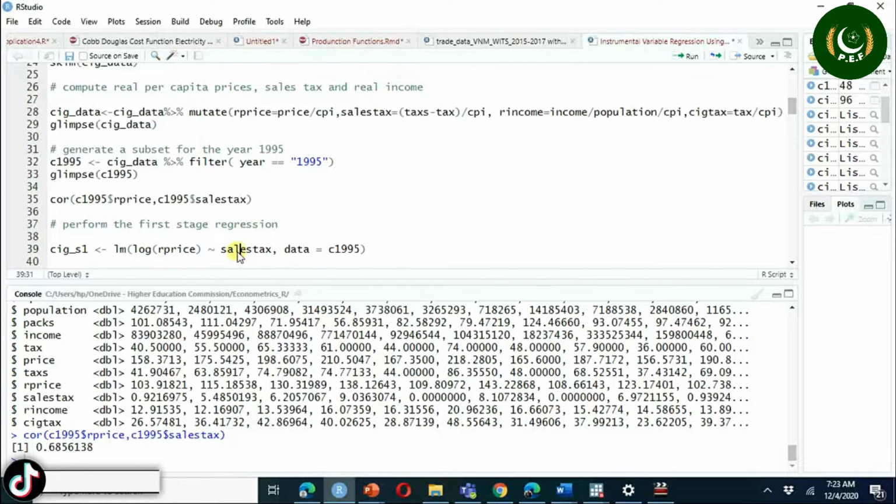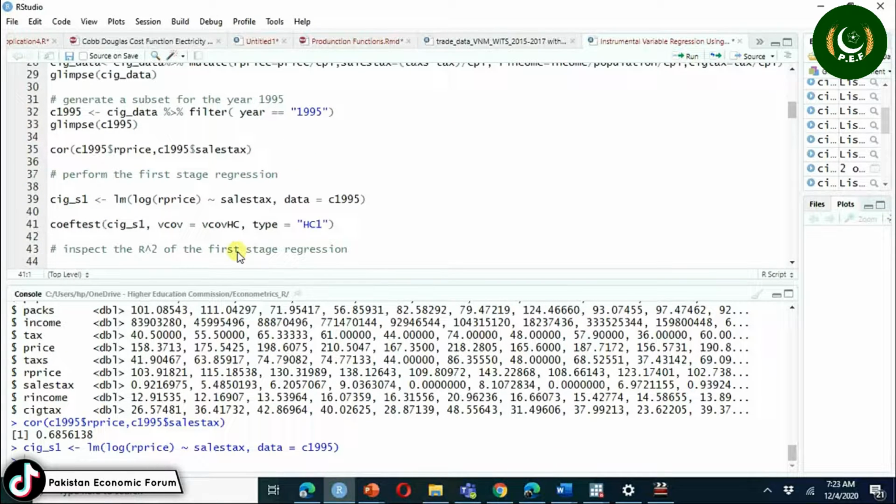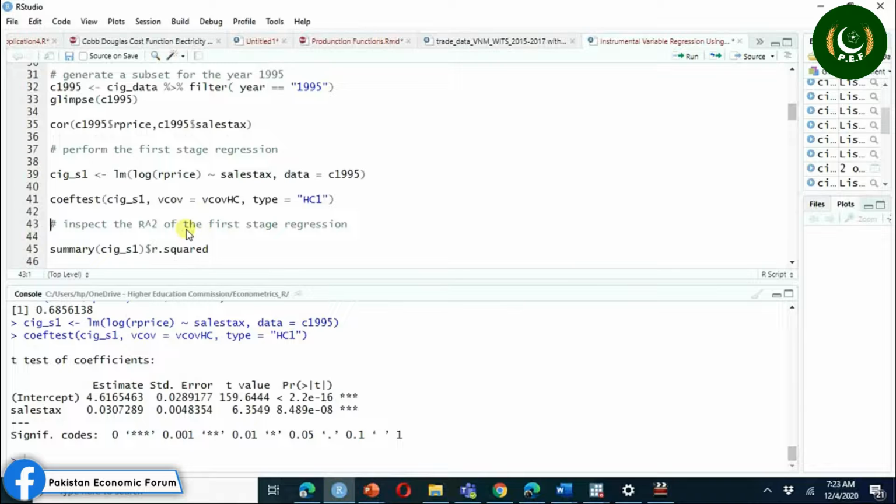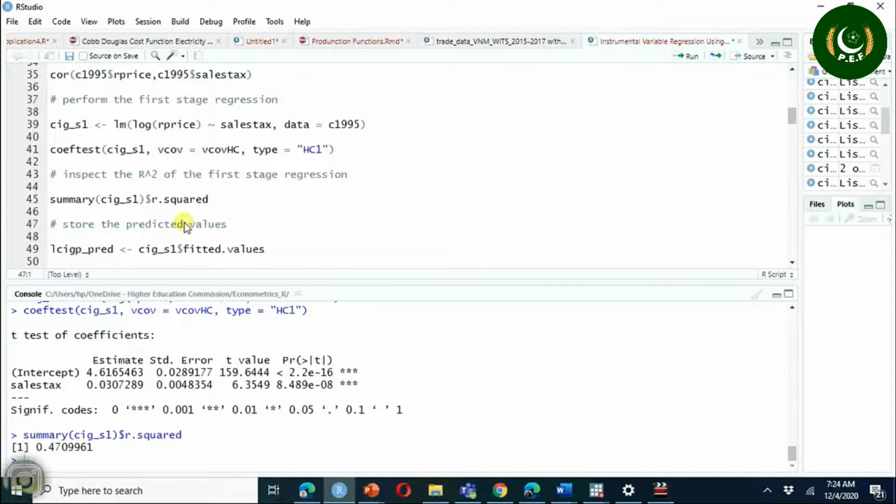From this equation we'll get log of real price hat, we'll get p hat, and then we'll use it at the second stage. This command is used for robust standard errors, heteroscedasticity-robust standard errors. So these are the coefficients. Now we can see the summary; what is R square? You have R square here, 0.47.